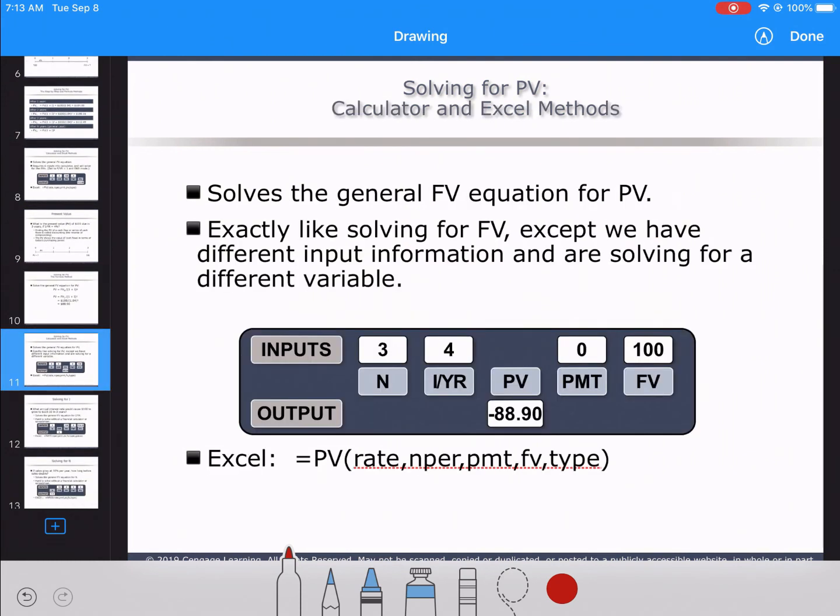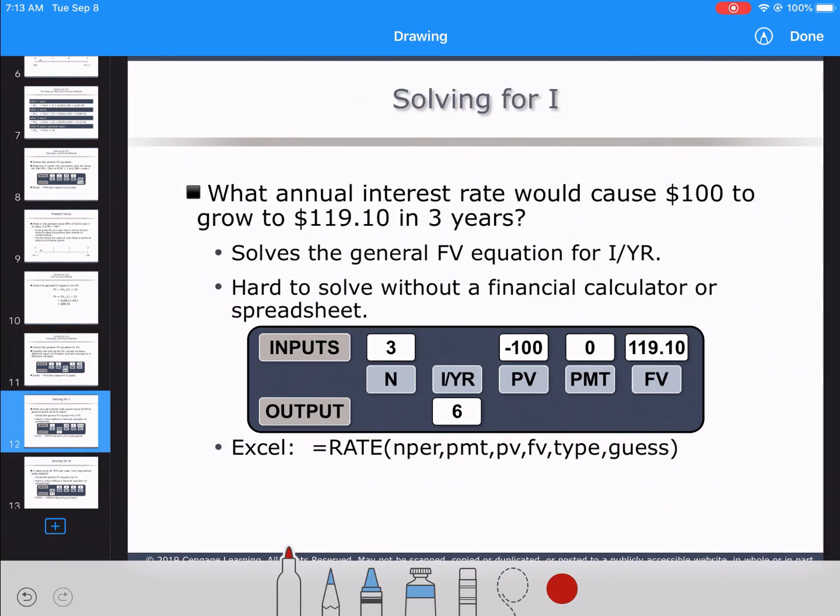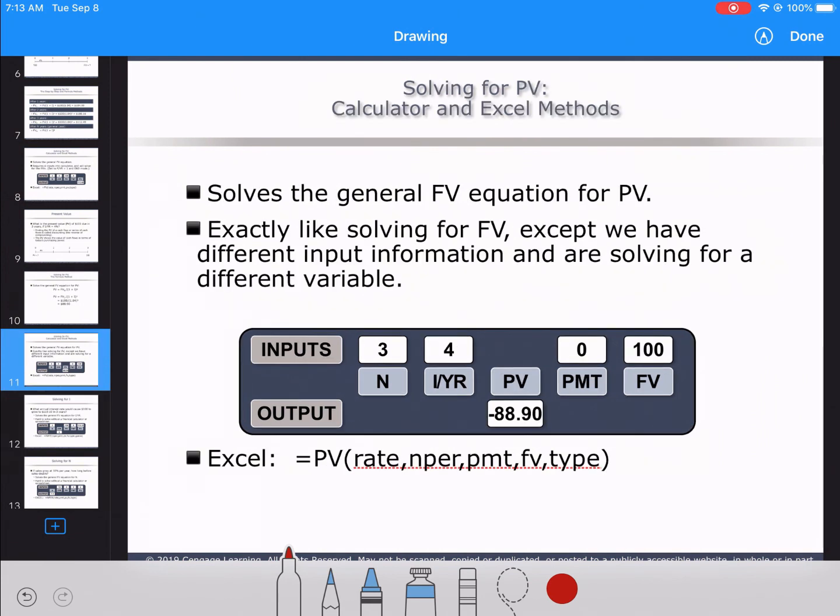Now you can do that. N equals 3, I is 4, present value is what you are going to compute, and payment is 0, future value is 100, and you get 88 something. And what is the number you got here? 88.90.